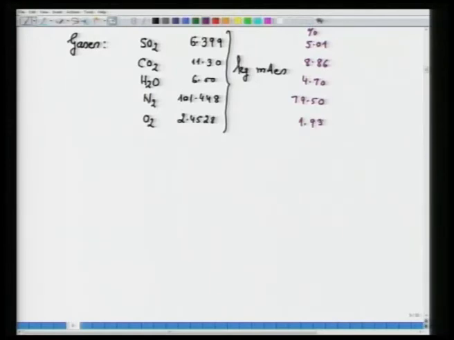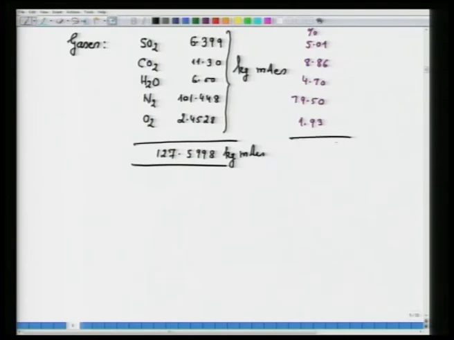So, the total flue gas is equal to 127.5998 kg moles. Of course, this percentage should become 100.